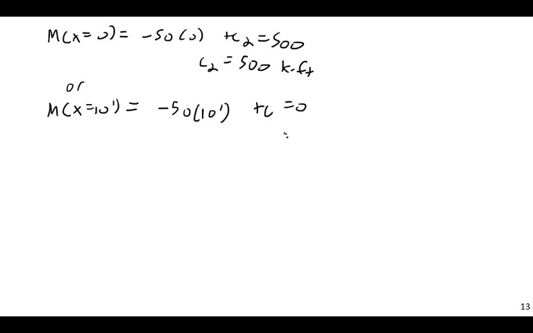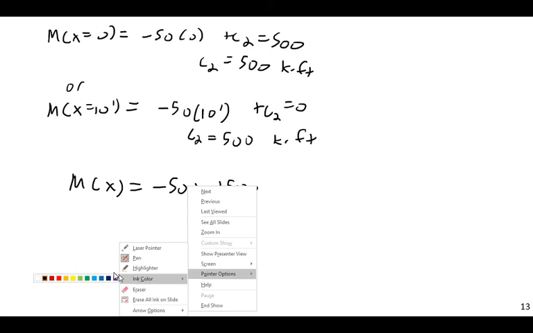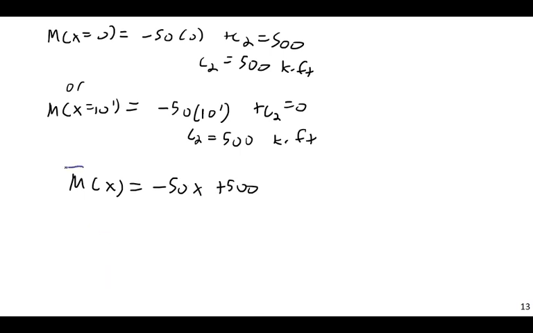And from this I would get that C2 is also equal to 500 kip feet. But regardless, I end up with M as a function of x is equal to negative 50x plus 500. And that's where that comes from, if we don't feel like doing it via inspection from the moment diagram.